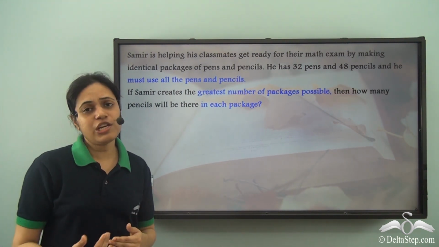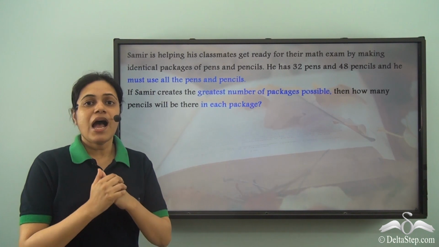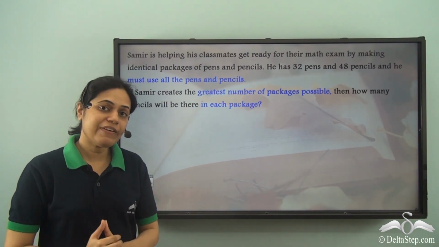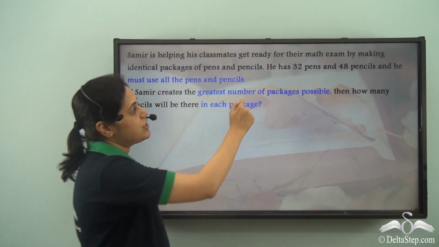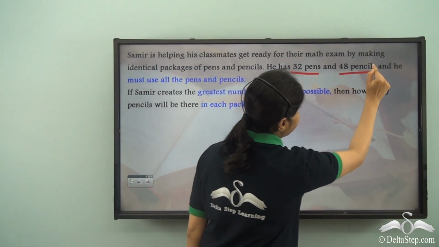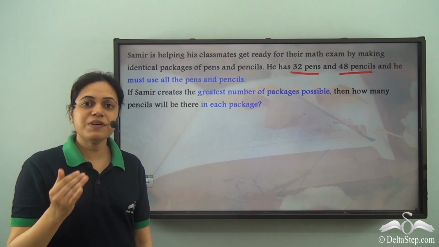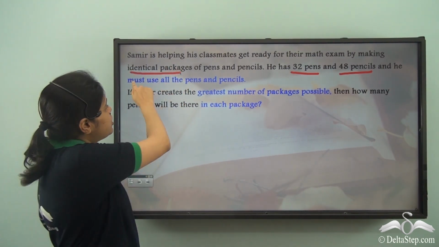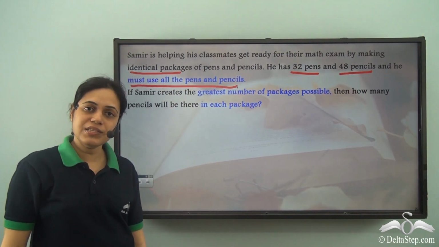Now, essentially, what do we need to find? I need to find the number of packages. How can I find that? I have 32 pens and 48 pencils. Each package must be identical, and we must use all the pens and pencils.